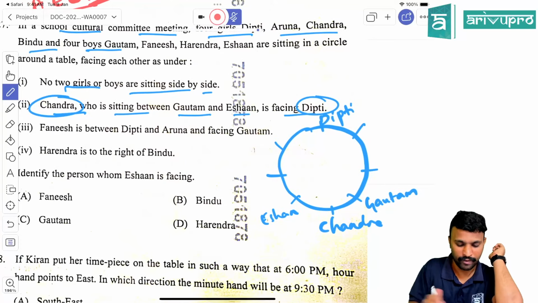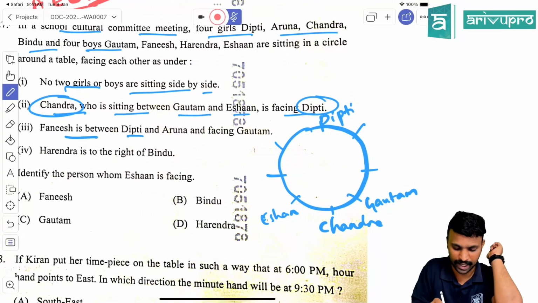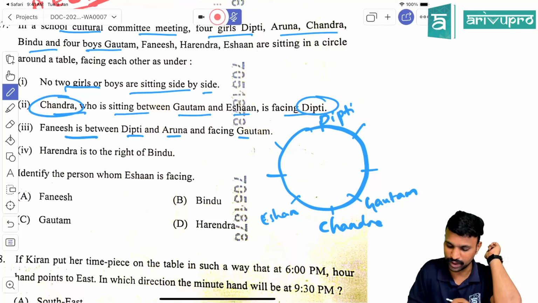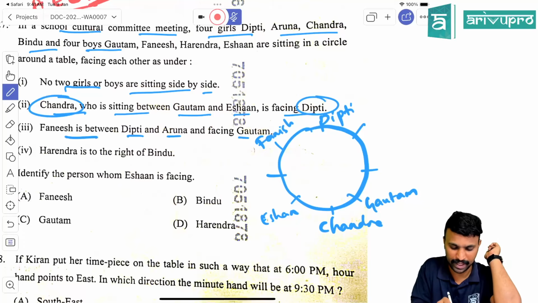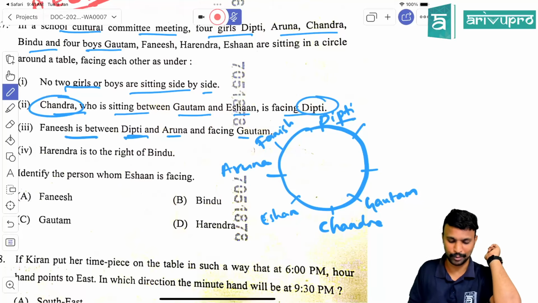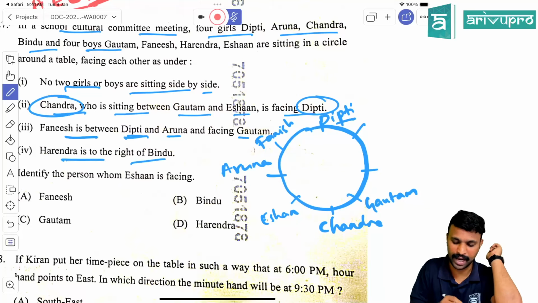Done. Now Fanish is between Deepthi and Aruna and facing Gautam. Who is facing Gautam? Fanish. So Fanish should be here. Fanish is between which two people? Deepthi and Aruna. Already Deepthi is on this side and Aruna should be over here. Is it clear? And the other two people remaining: Harendra is to the right of Bindu.